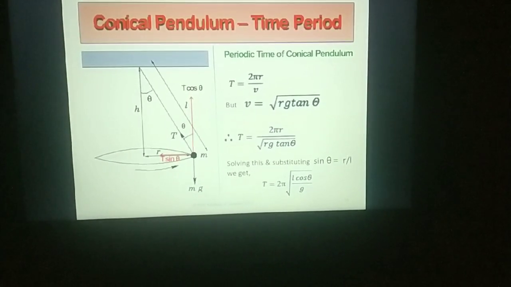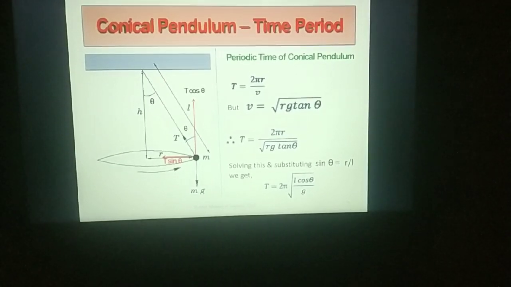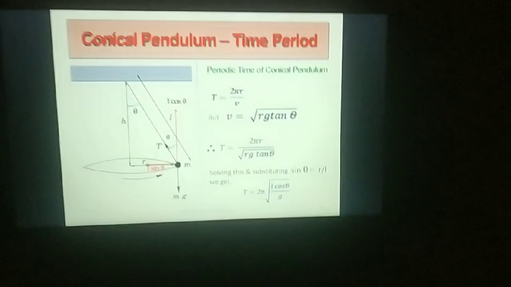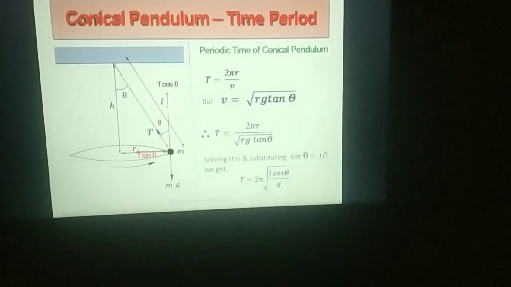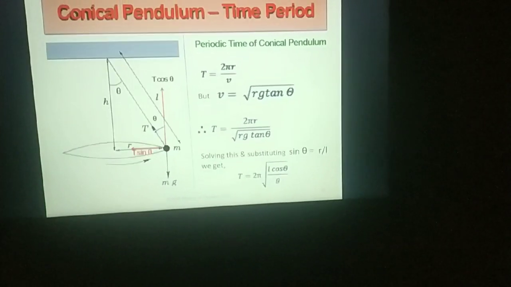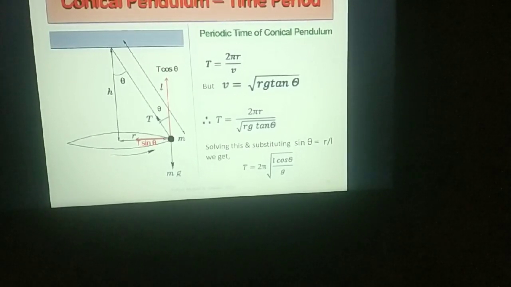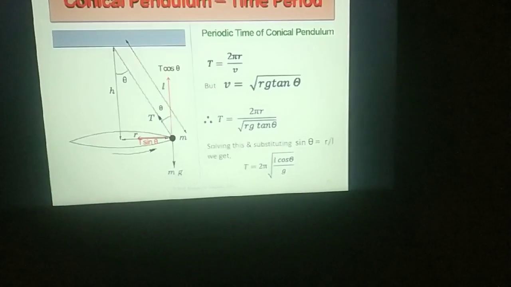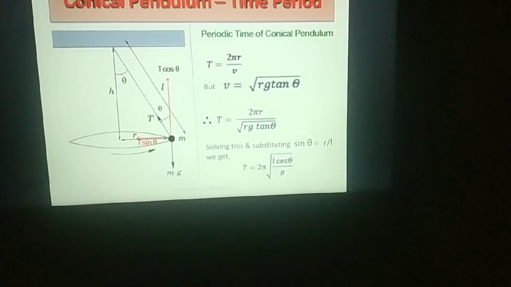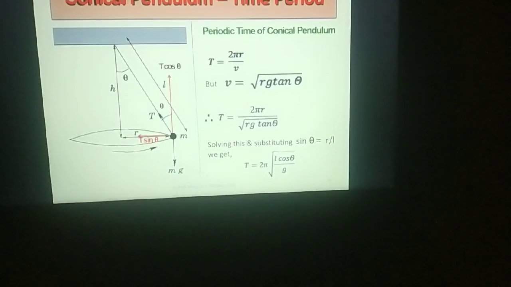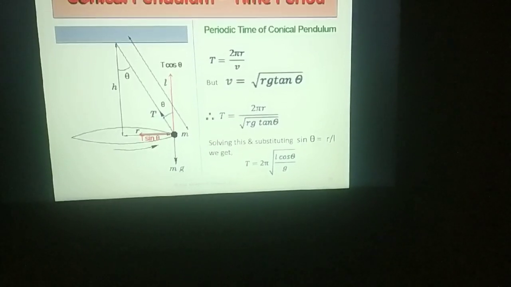Instead of tan theta you write sin theta upon cos theta, and then cos theta will go to the numerator. Instead of sin theta you can write r upon L. So your expression will become T equal to 2 pi square root of L cos theta upon g.